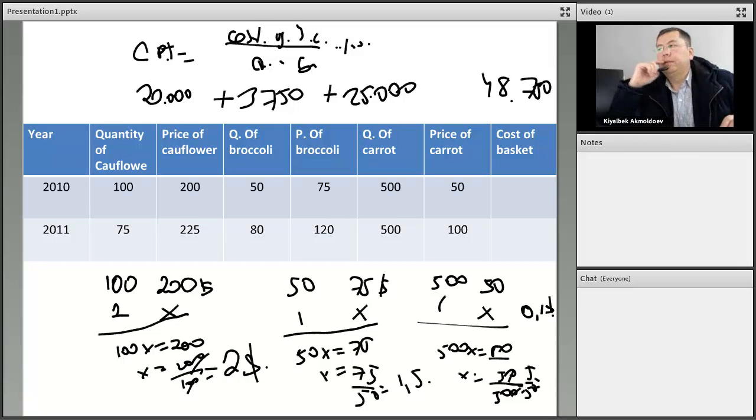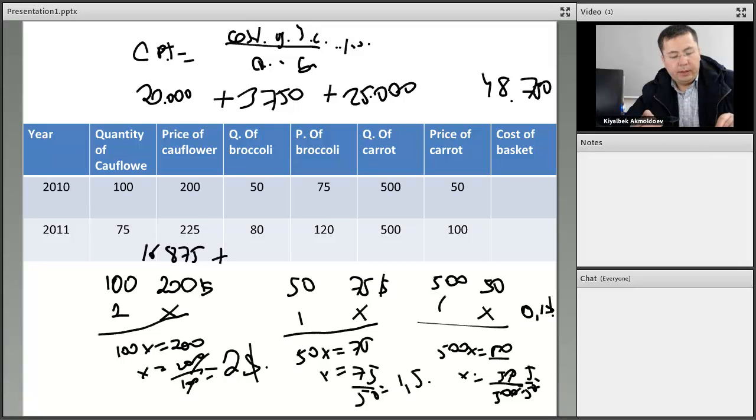What about the second year? 75 times 225 is 16,875, plus 80 times 120, 9,600, and 500 times 100, 50,000.